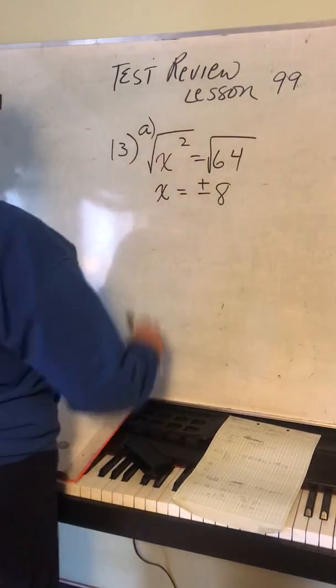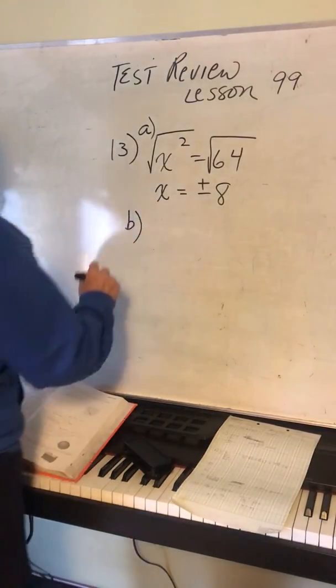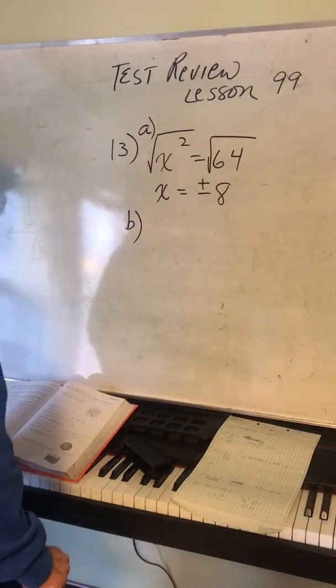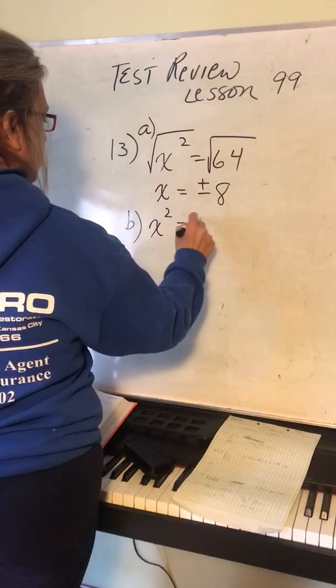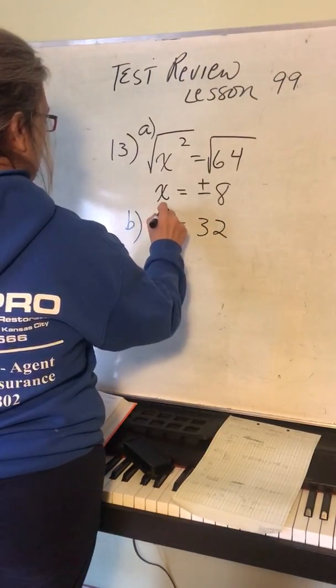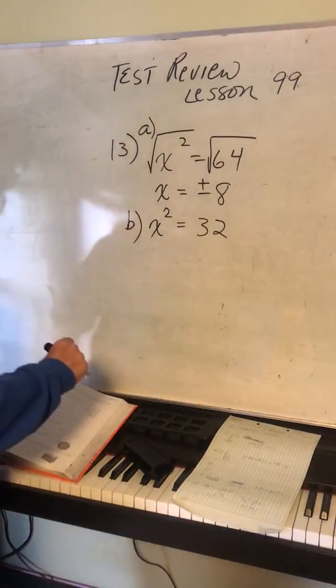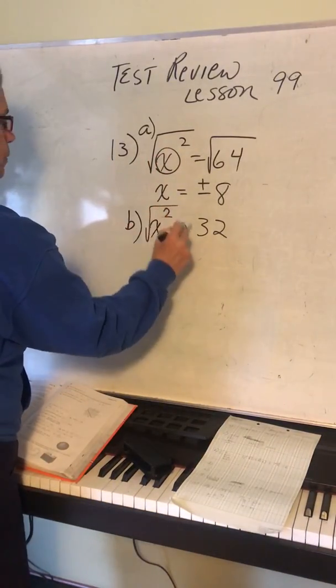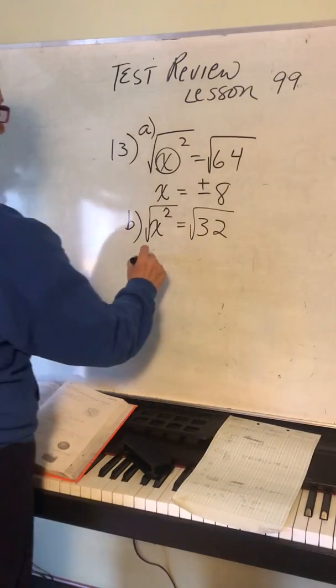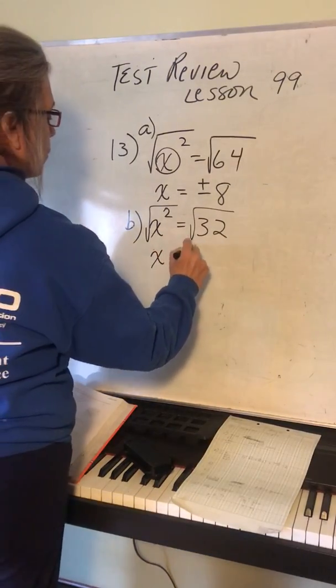Okay, then B is x squared equals 32. So we do the same thing, square root of a square, so that we can end up with an x. Square this side, square this side. So now we have x equals the square root of 32.